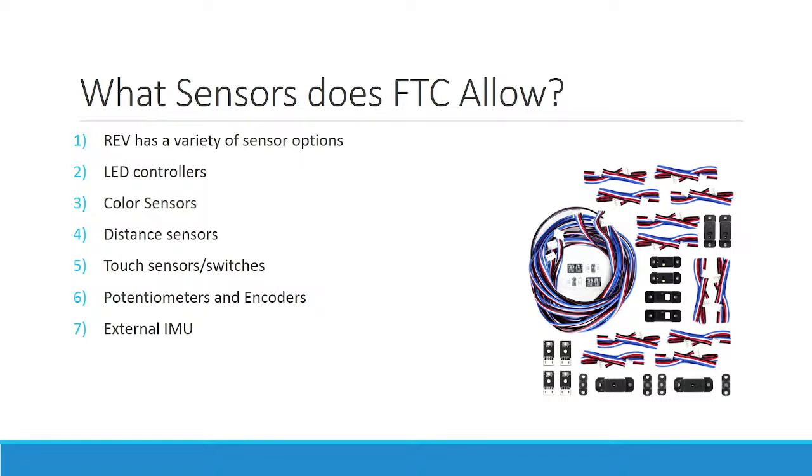So to go through a list of what types of sensors are available, almost all of these, if not all of these, can be found on Rev. Rev sells these sensors, but there are other alternatives that are available for a lot of them. You have LEDs, which are lights that you can have LED controllers for. There are color sensors, which we'll get into. Distance sensors to tell you distance. Touch sensors or switches, kind of like what we already talked about. A variety of potentiometers and encoders. And external IMUs. What is an IMU?